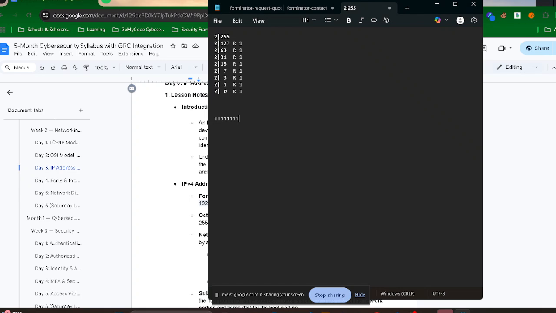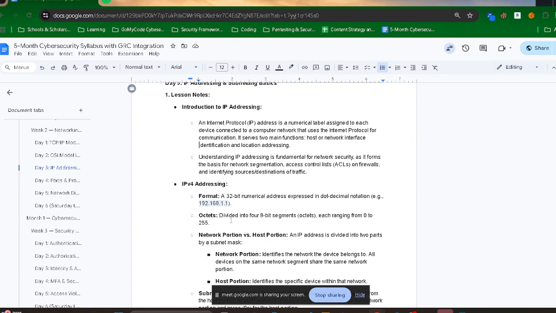You have 8 there. Dot, 8 ones. Dot, 8 ones. Dot, 8 ones. So the total of this will give you 32. That's what we mean by 32 bits here. Do you understand?